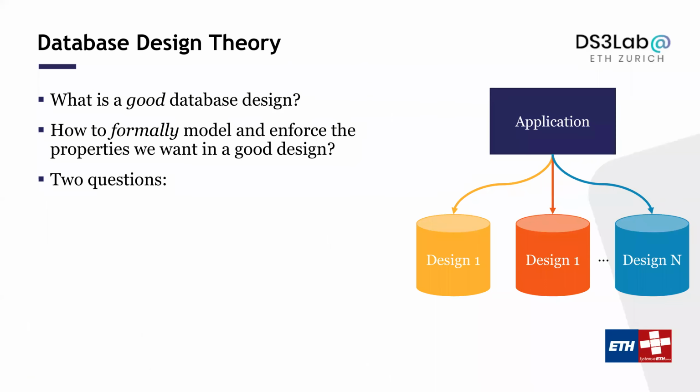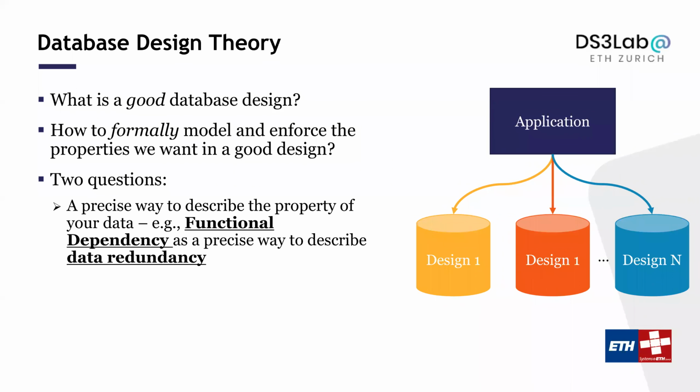If you think about this goal, we can decompose it into two different questions. The first question is, we need a precise way to describe the property of your data. Otherwise, I have no way to reason about what is a good design. I need to be able to have some property of the data and precisely describe that.